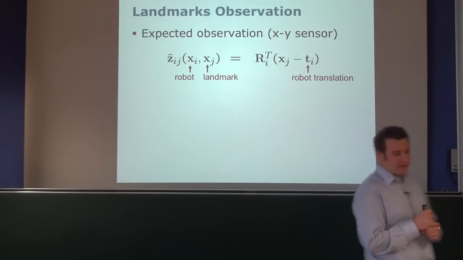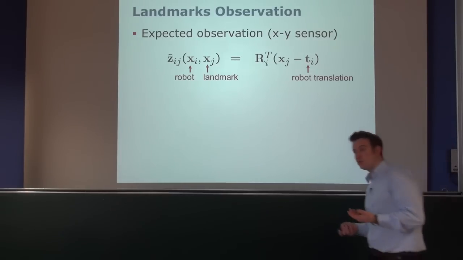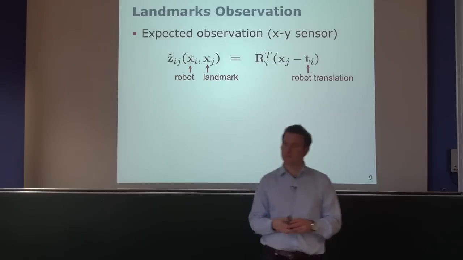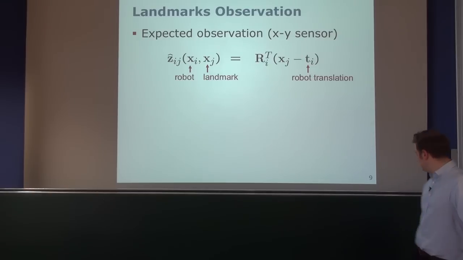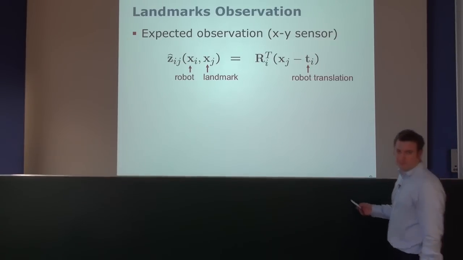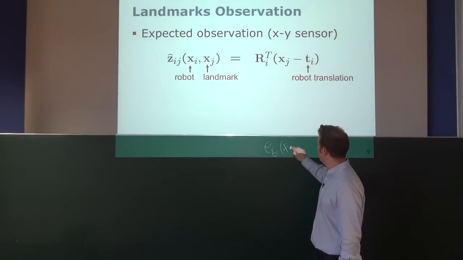Okay, how do we bring that into relation with what the error function will be? So what is the error function which would result from that? It's always the expected value minus the real value.